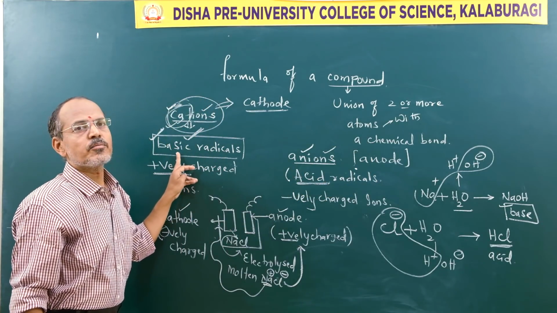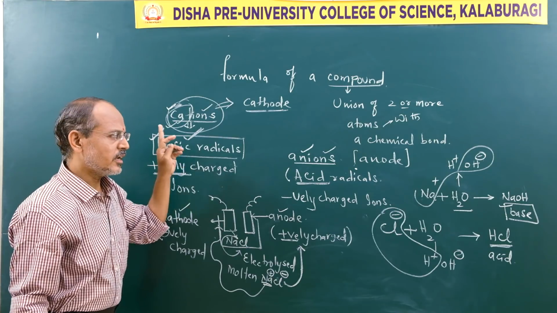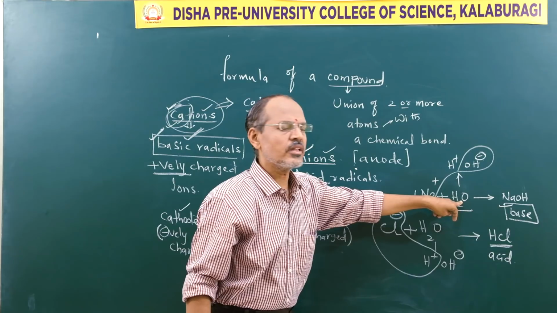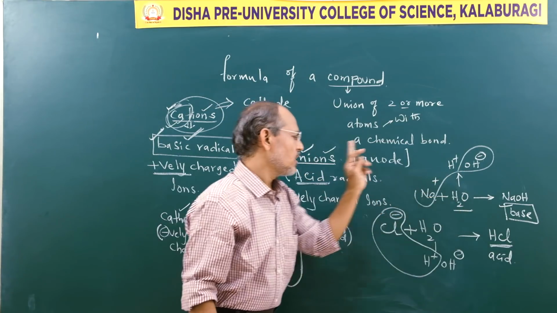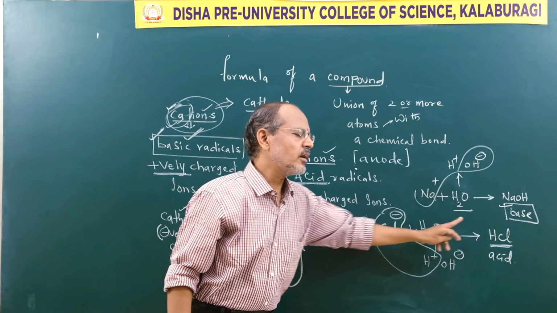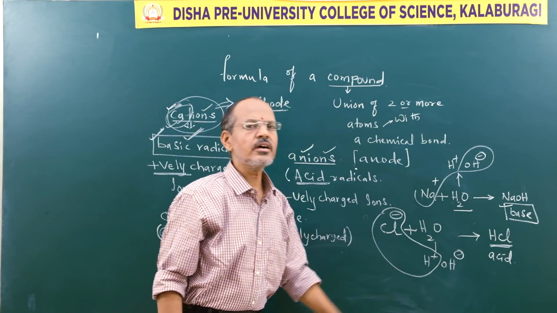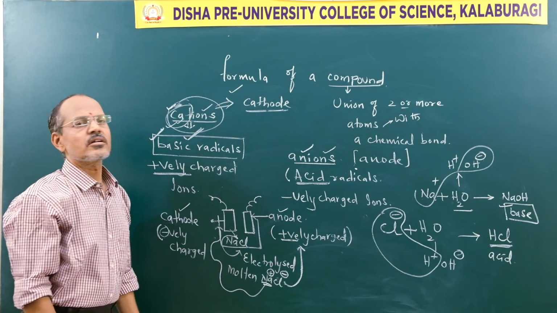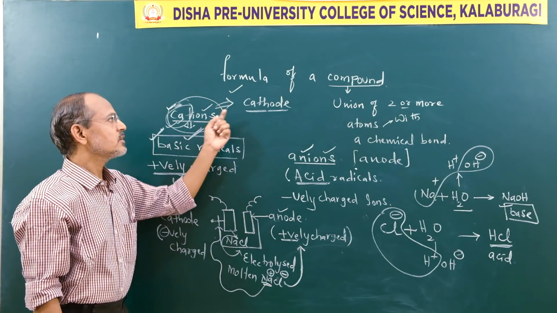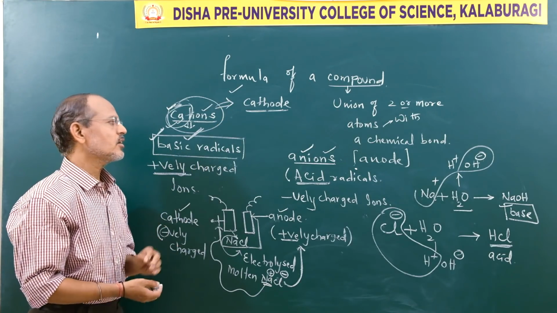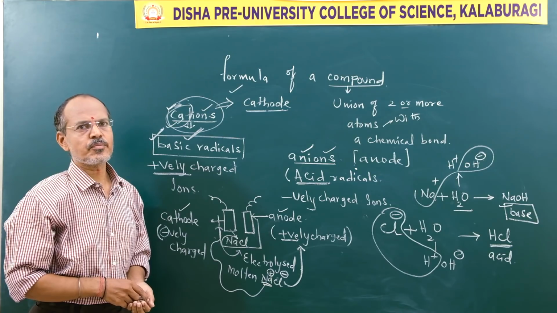They are called basic radicals because they form base when dissolved in the water. These are called acid radicals because they form acid when dissolved in the water. So this is about the different names for the cations or positively charged or basic radicals.